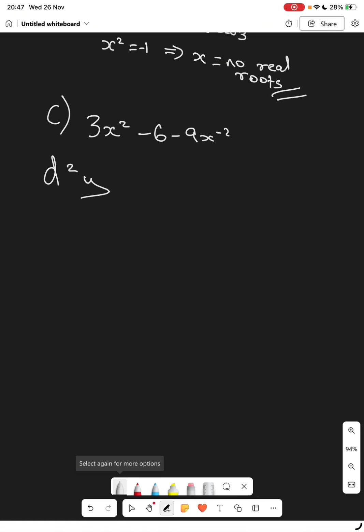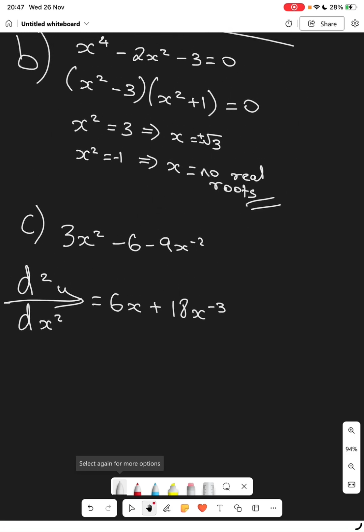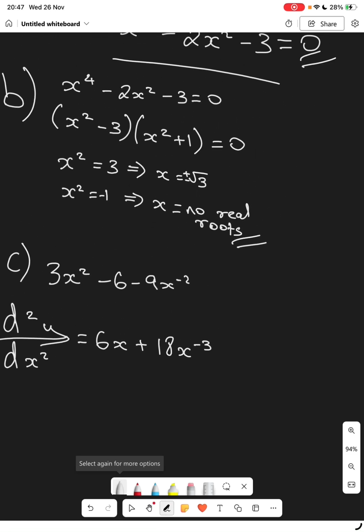d squared y over dx squared equals 6x plus 18x to the negative 3. And we know that x is equal to this.